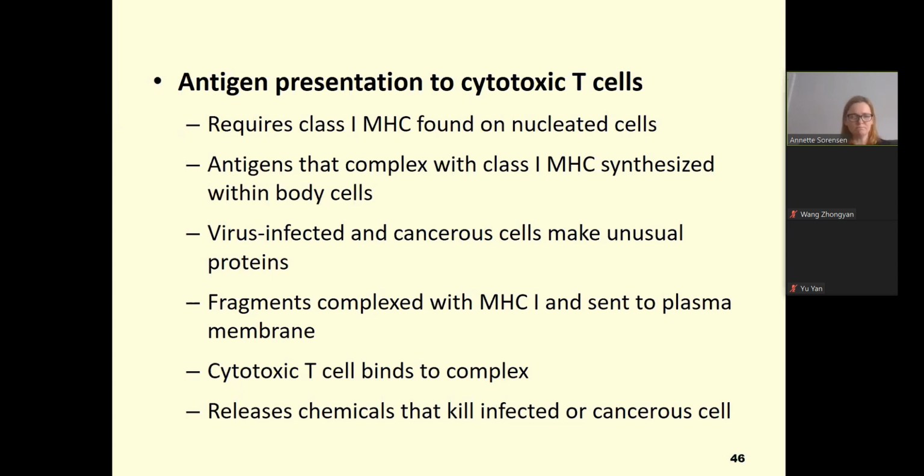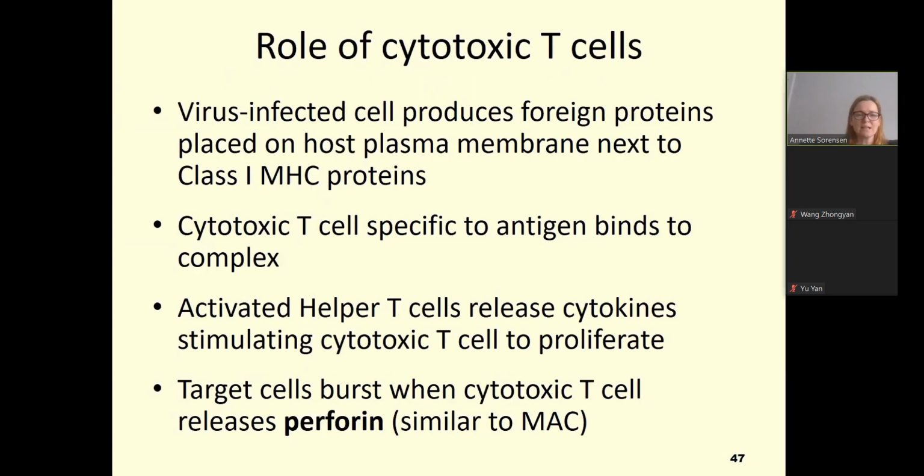Now, the cytotoxic T cells can then bind to that complex, and that releases chemicals that can kill infected or cancerous cells. So perforin, as I mentioned earlier on, and it's mentioned on this slide here, is one of the proteins which is released by T cells and can kill the infected cells.